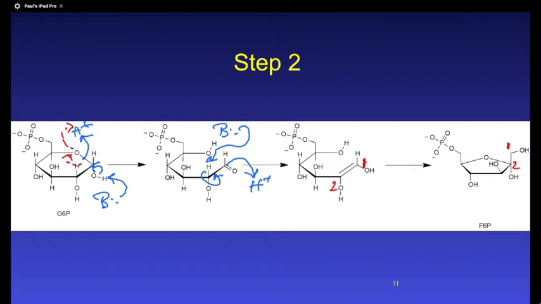All right, I always have a base because it's all about the base. Okay, so I'll take this one off. That pair of electrons, this oxygen here needs to be connected to the number 2 position. So that's where it's going to attack.